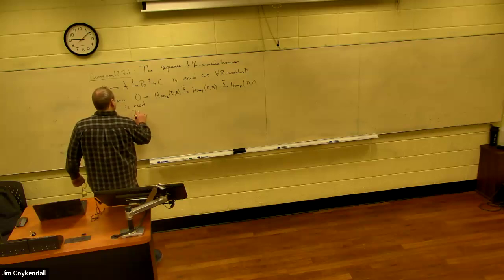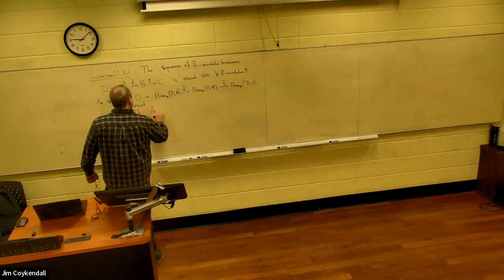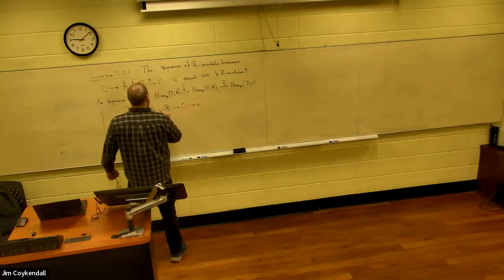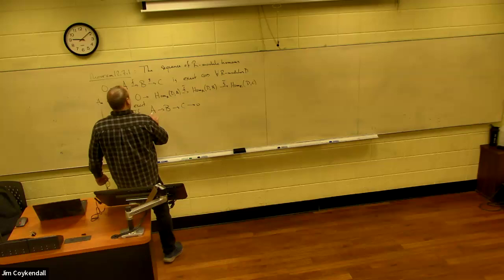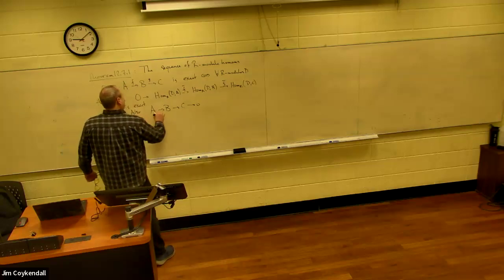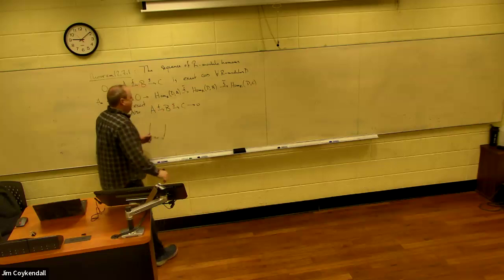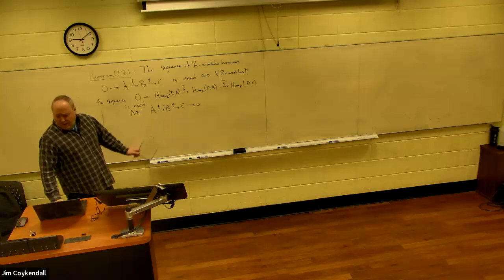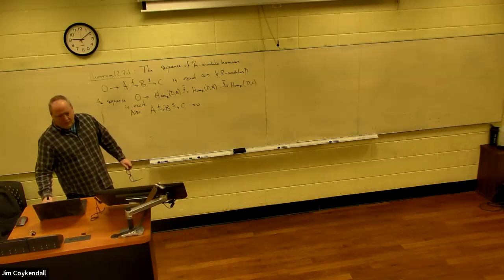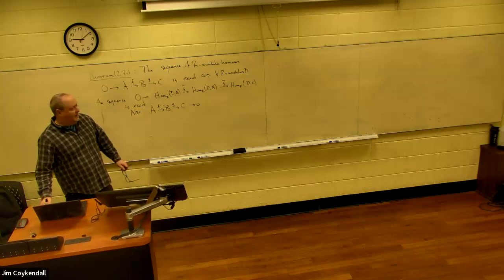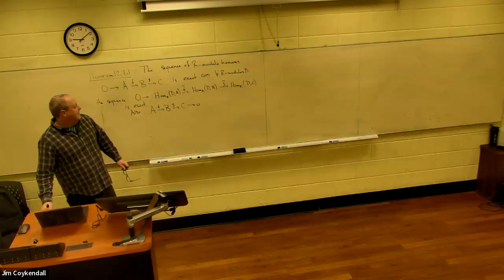If A → B → C → 0 with maps F and G, so now the image of F equals the kernel of G, but it's not necessarily true that F is 1-to-1.